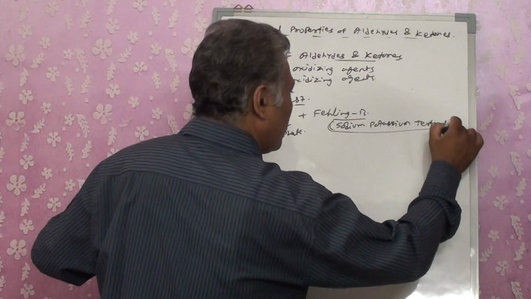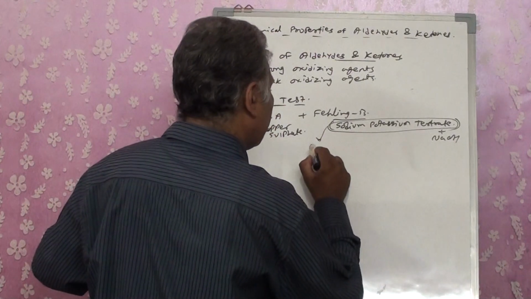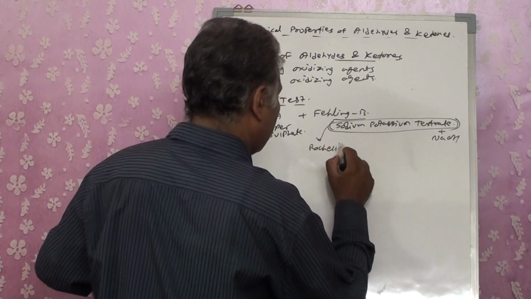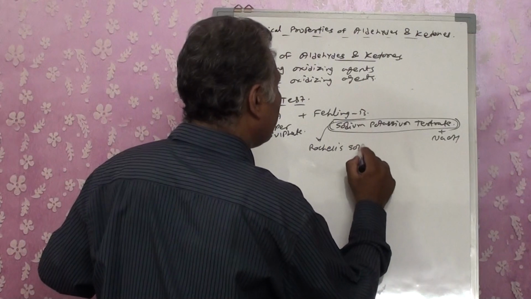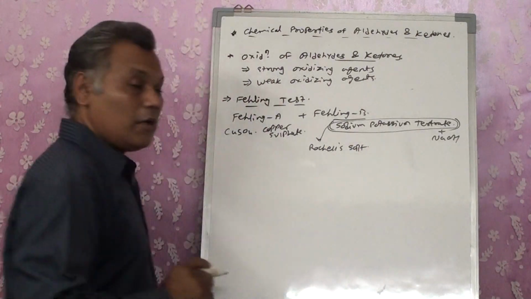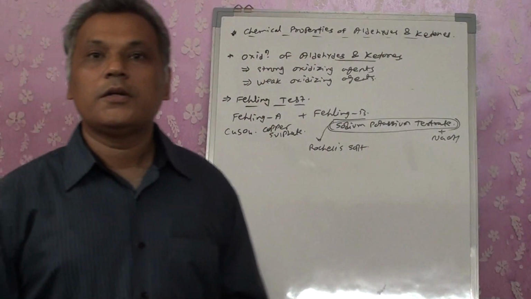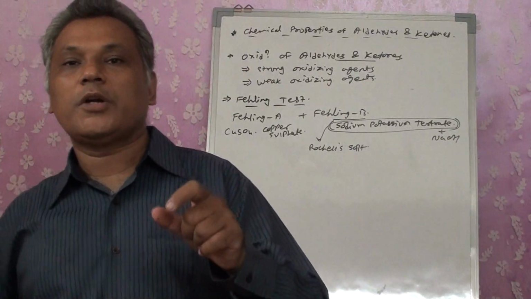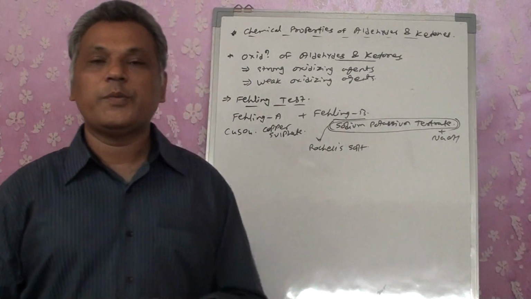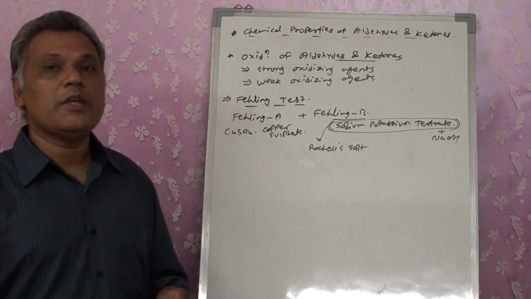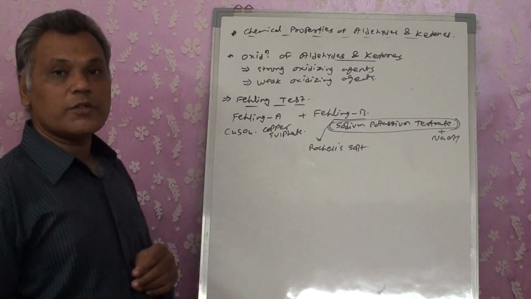Alone, this sodium potassium tartrate is known as Rochelle salt. If I am writing simply sodium potassium tartrate, it's Rochelle salt. Sodium potassium tartrate mixed with NaOH produces Fehling B, and Fehling A is copper sulfate.